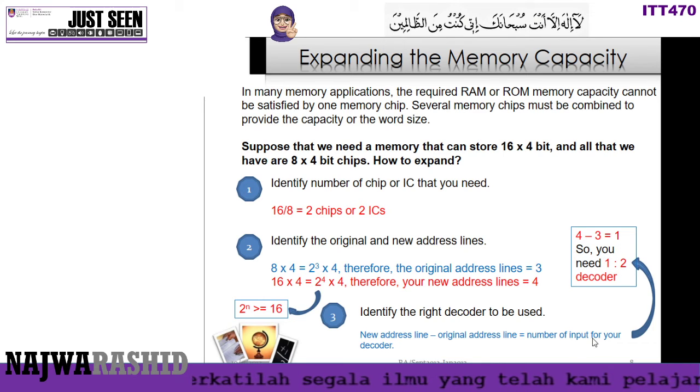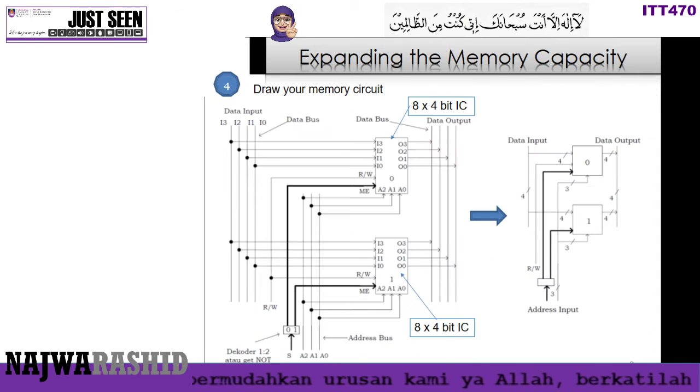So the input for your decoder is 1. In a decoder, if the input number is n, the output number is 2 power of n. In this case, your input is 1, so your output is 2 power of 1, equal to 2. So you need a 1:2 decoder.